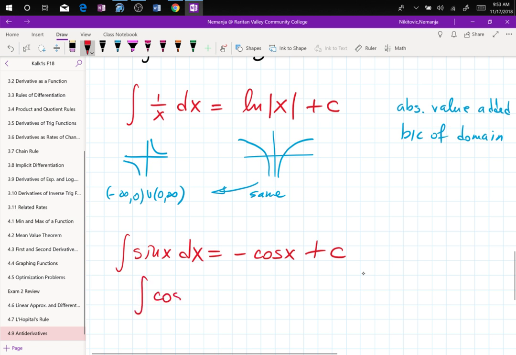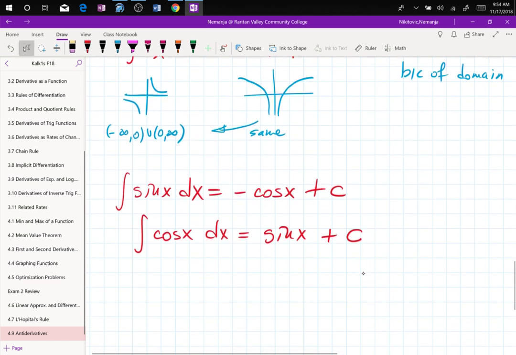What is the integral of cosine x dx? The derivative of cosine alone is negative sine, and then you will have an extra negative to kill that negative. Because now the integral of cosine is just sine x plus c. So they're opposite with signs, so you have to think a little bit.